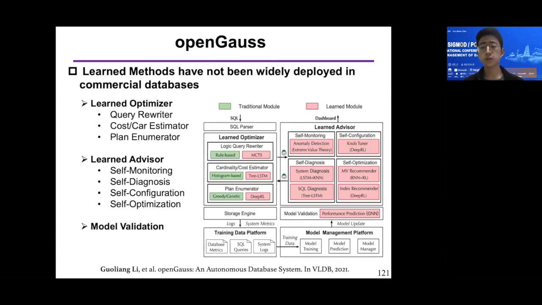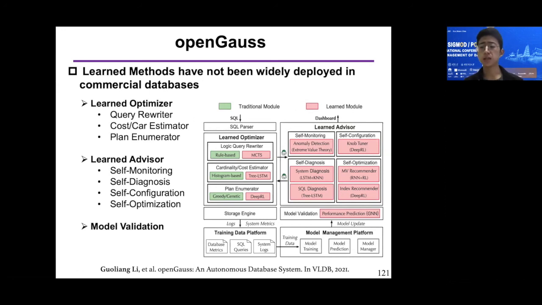Since SageDB was not implemented in real scenarios, Li has proposed openGauss, an autonomous database system that validates, trains, and implements state-of-the-art learning-based components in an open source commercial database.